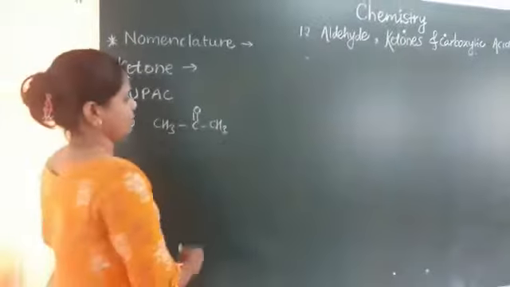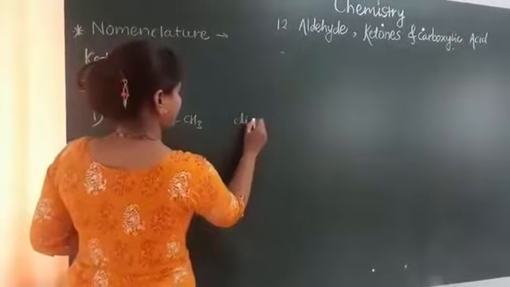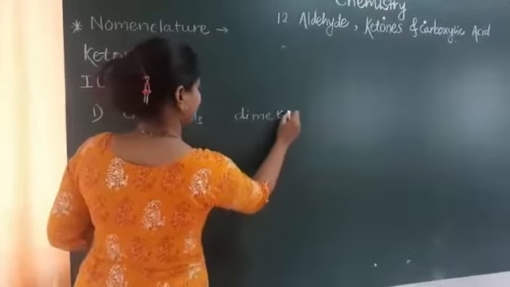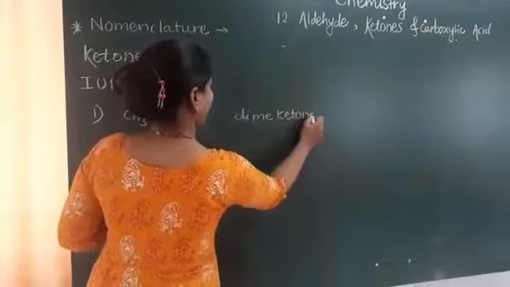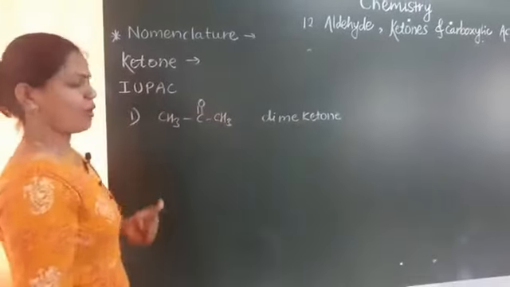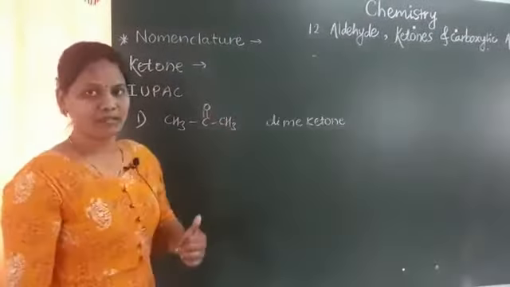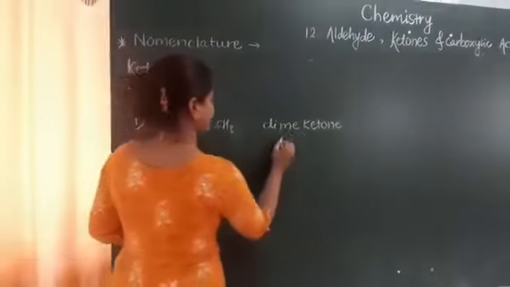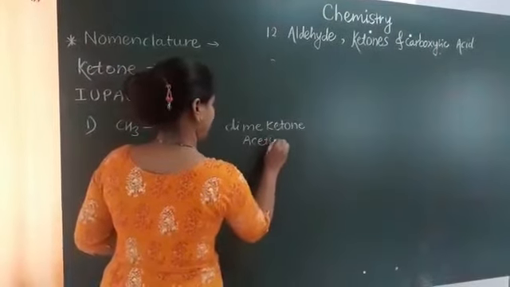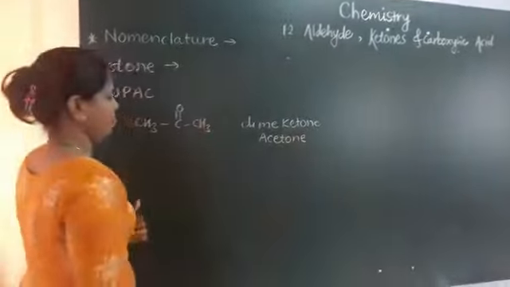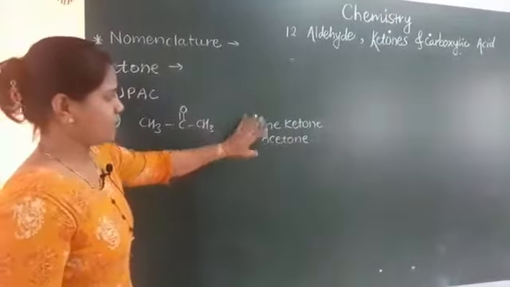According to the common name system, the name is dimethyl ketone, or one more name which is accepted by the IUPAC, that is acetone, and this name is commonly used, acetone.